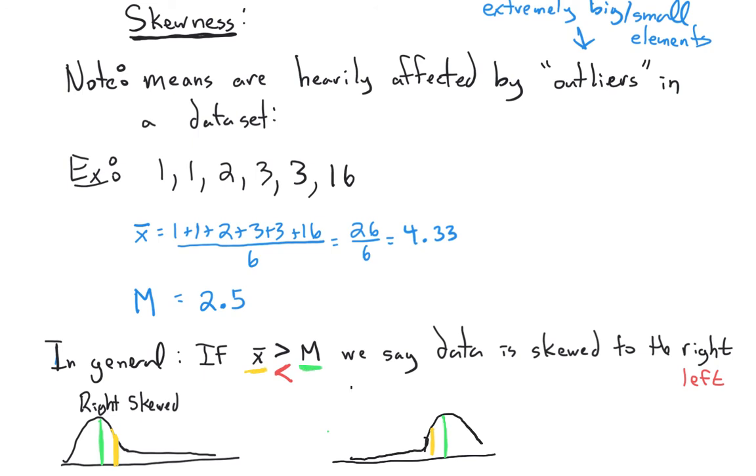This is a left-skewed data set, or skewed to the left. So when we're thinking of data sets, we can think of how the mean and the median differ, and that gives us an idea of if there are some especially large or especially small elements of a data set.